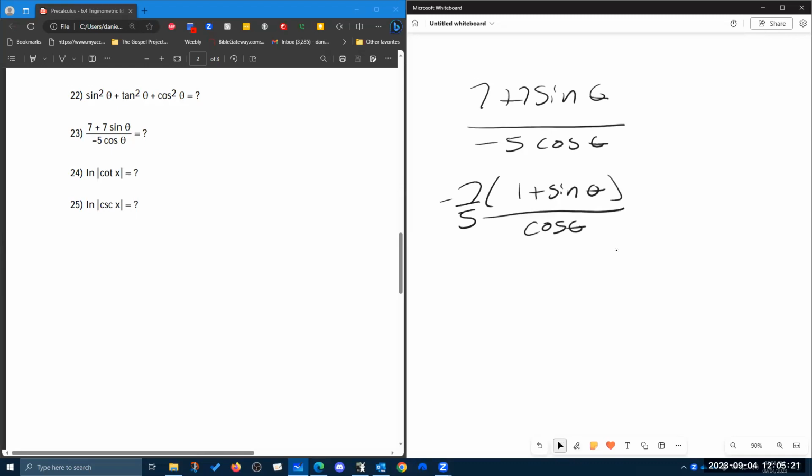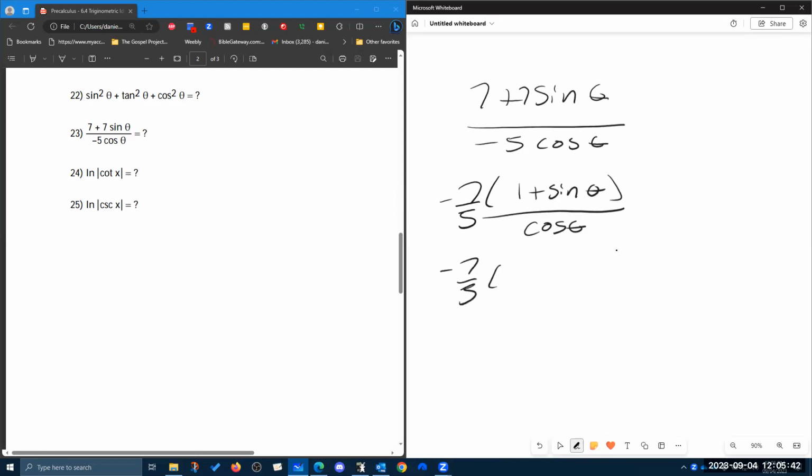I could then make this into secant plus tangent. Let's see if this helps. Nope, that's not going to help to put it down there in the bottom.